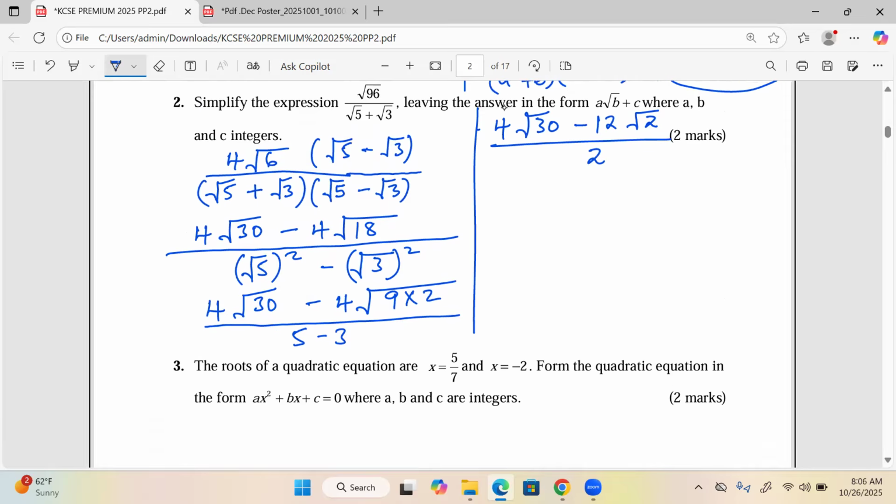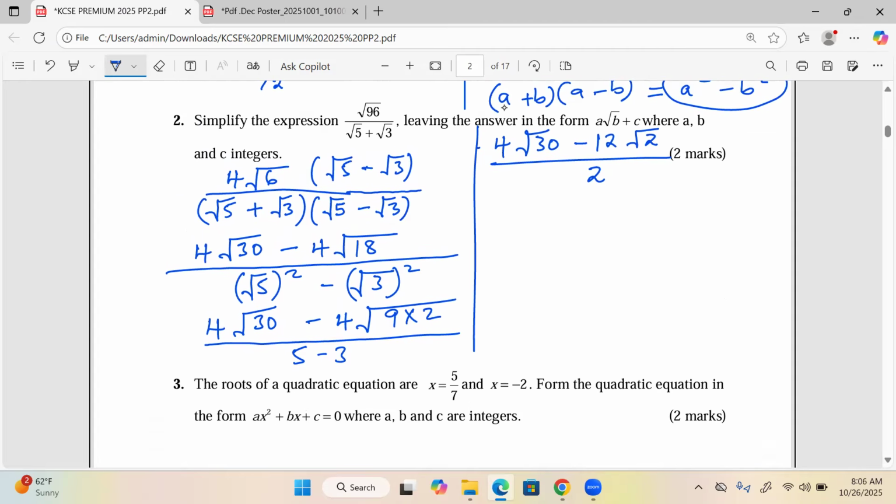So with this now, we can do further simplification, whereby we can see from the numerator, 4 is common. So we can remain with root 30 minus 3, the root of 2. Then this is divided by 2. So 2 can simplify. Then we have 2.